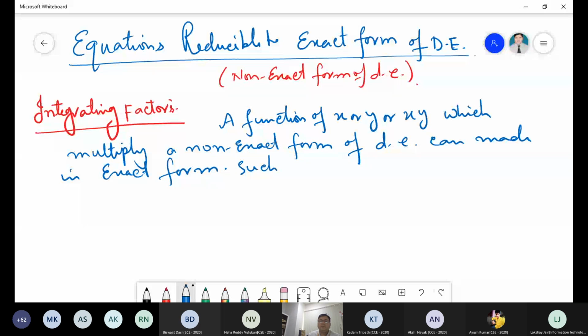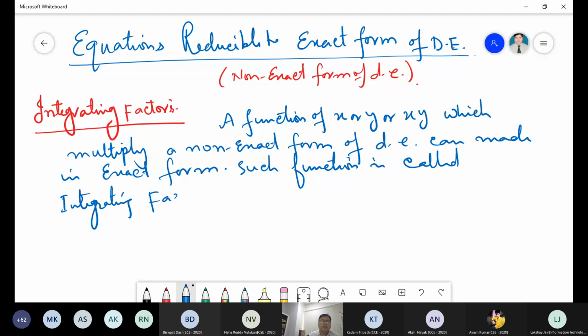Such a function is known as, or called, an integrating factor.